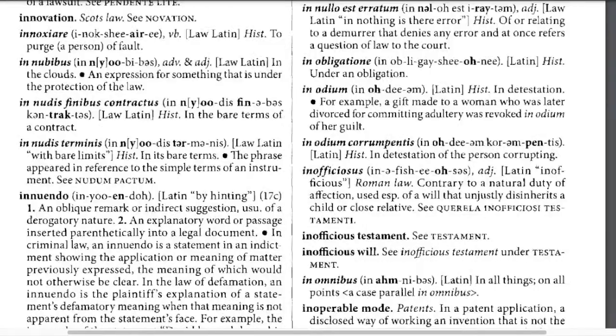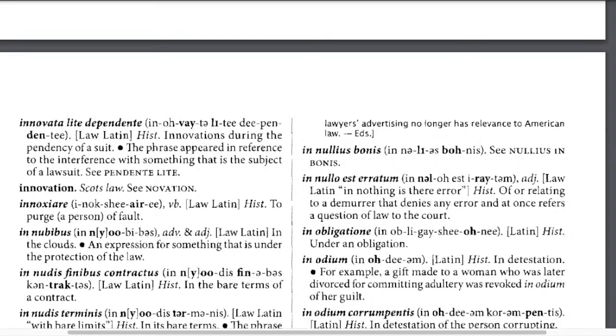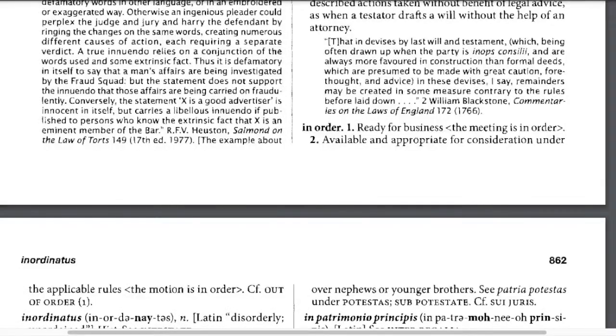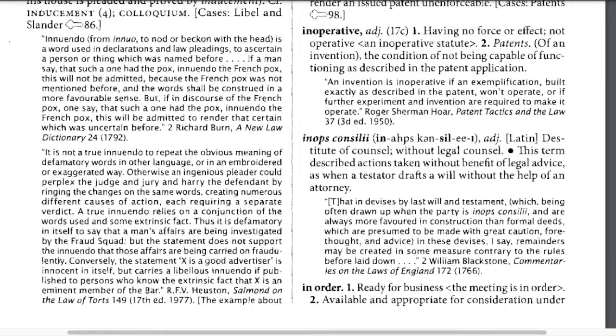Wow. Lawyers' advertising no longer has relevance to American law. Example. Well, okay, so interesting digression.